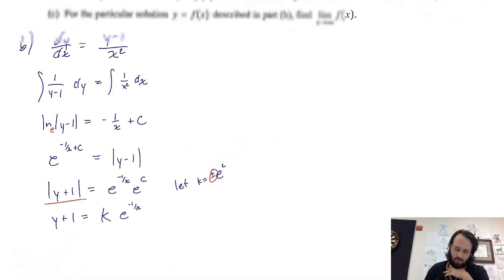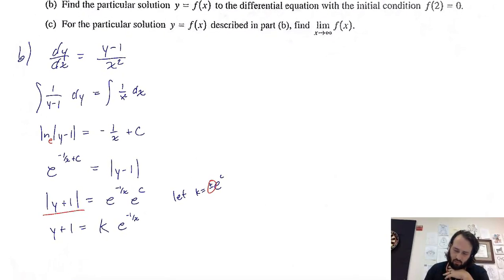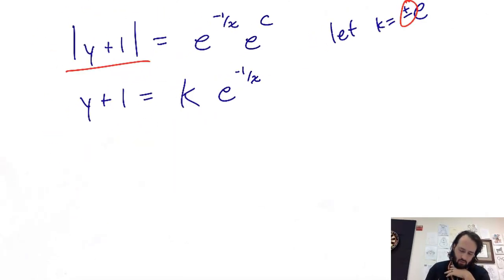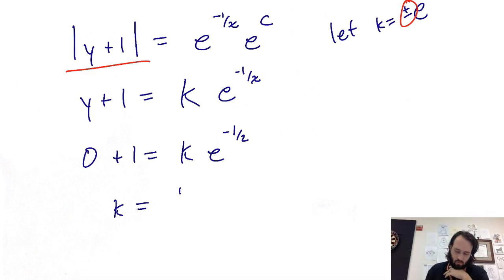And now I'm going to use my particular solution, which would be f of 2 equals 0. So when y is 0, x is 2. Right, so k would be 1 over e to the negative 1/2, which would just be e to the 1/2.